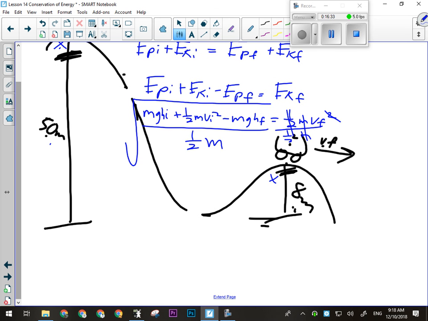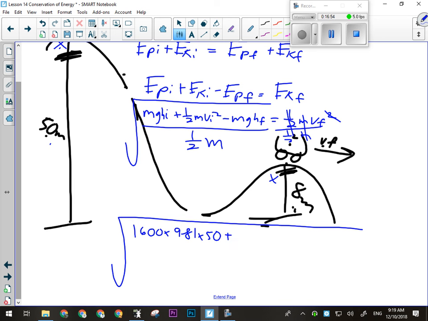All right, so when we plug in our numbers here, at this point, do I need to have all the M's in there? I can get rid of them if I want to. If I'm not comfortable with that, then I can leave them in. It's not going to change my answer any. So I'll say 1600 times 9.81 times 50. That's my initial potential energy, plus my initial kinetic, which will be 1/2 times 1600 times 5 squared.